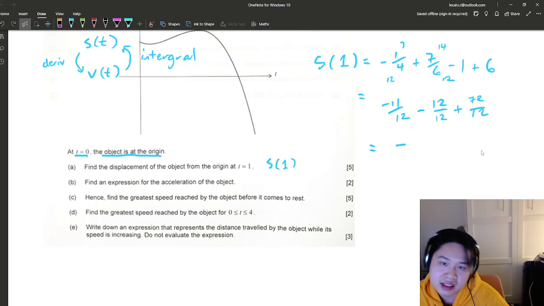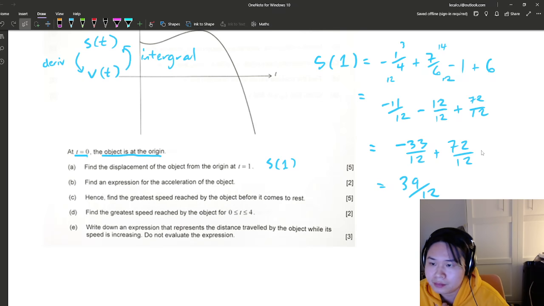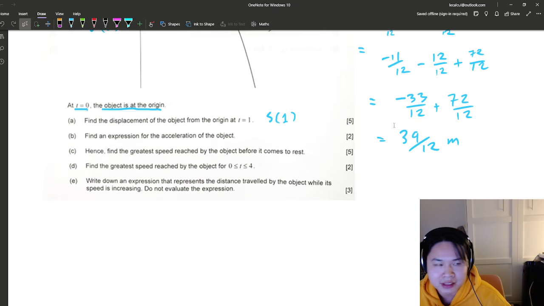So that's negative 33 over 12 plus 72 over 12. 39 over 12 meters. There you go. I don't want to think about fractions right now, but that's how you do it.